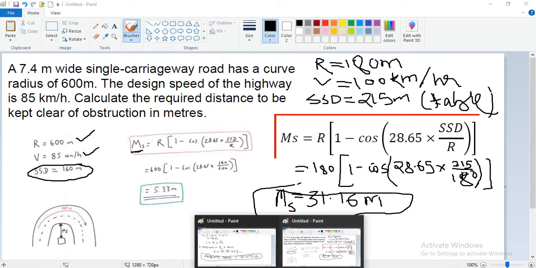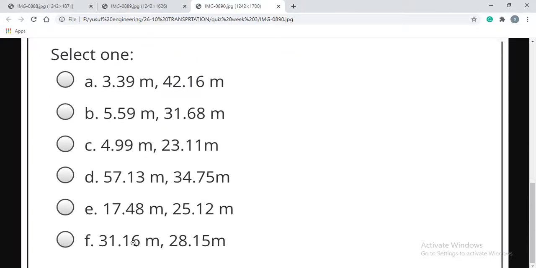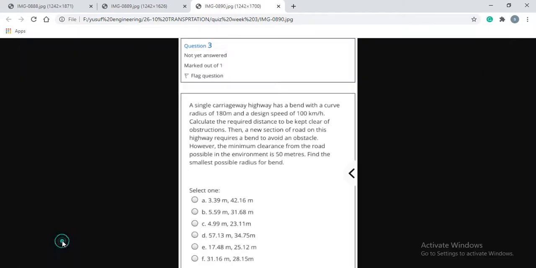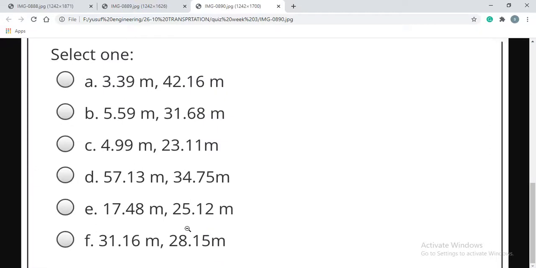So 31.16, the first answer, is correct, and we do not need to find this 28.15, because we have got the first answer correct. So it is 31.16 as the required distance, and accordingly, the option F is correct.